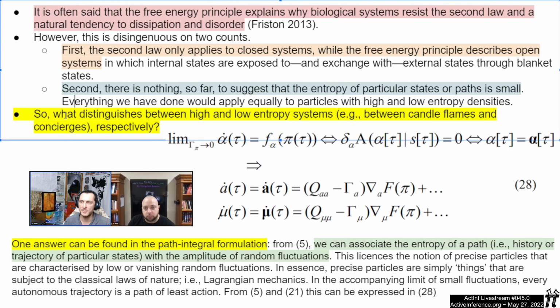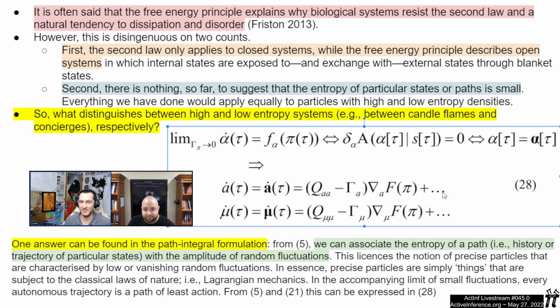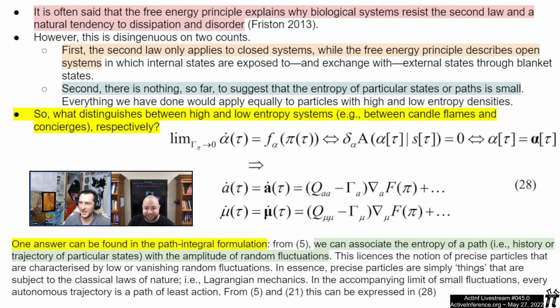So what distinguishes between high and low entropy systems, e.g. between candle flames and concierges, respectively? 28. We could have had a concierge. And that is going to describe that, and we'll come back to it.